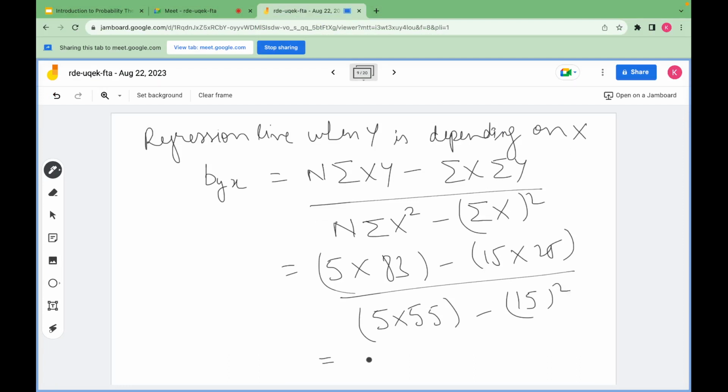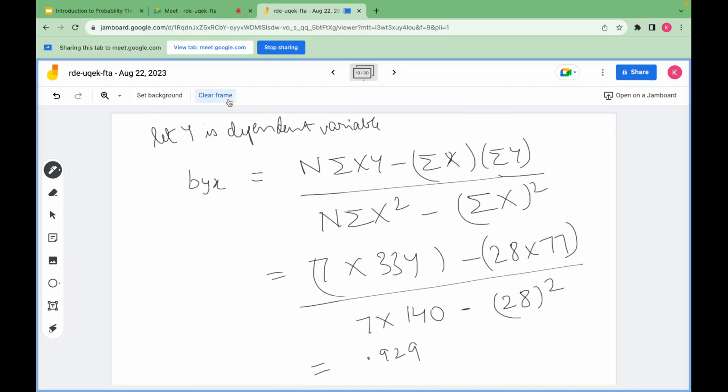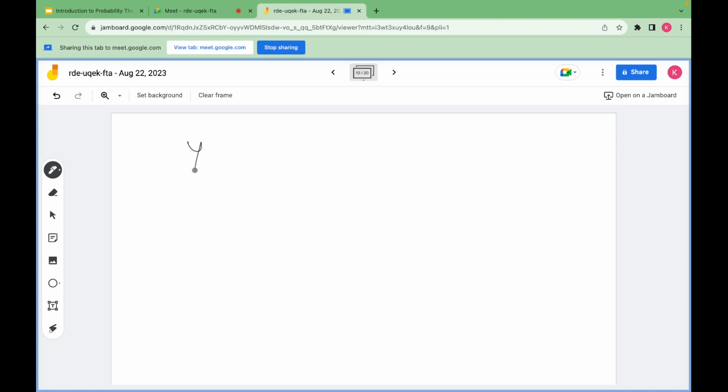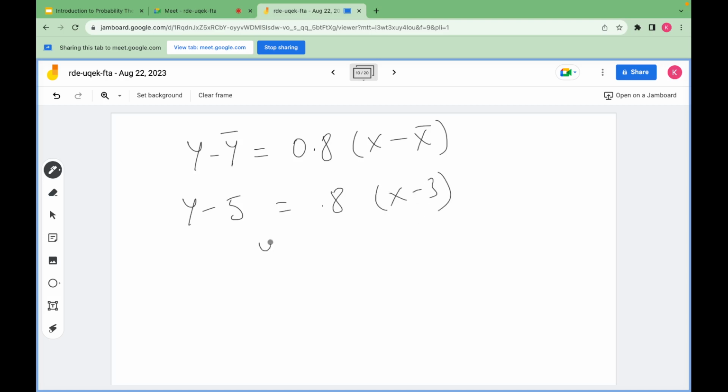This comes out to be again 0.8. So now we can write y minus y bar is equal to 0.8 into x minus x bar. y minus 5 equals 0.8 into x minus 3. y is equal to 0.8 x plus 2.6.